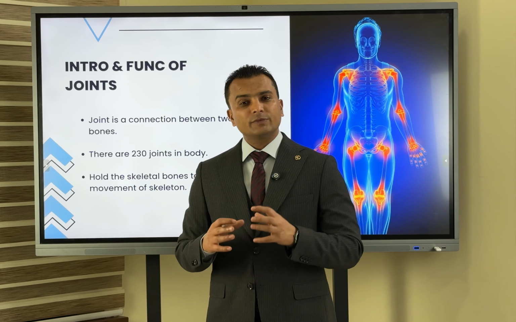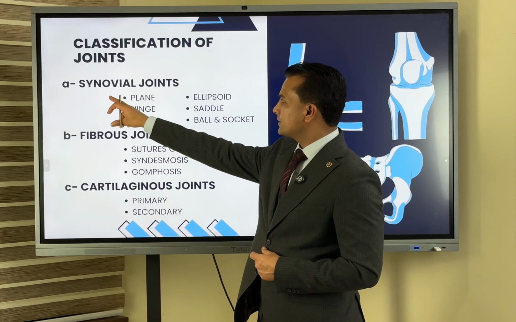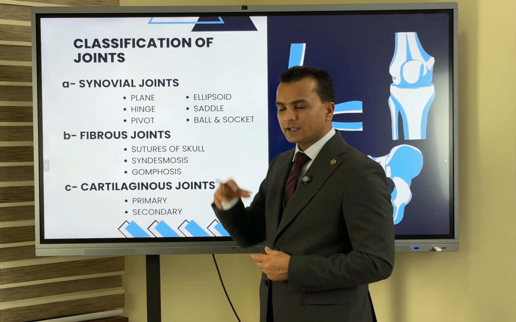Next we can see the classification of the joints. The first classification is the synovial joints. Synovial joints are rich in synovial fluid, and the role of this synovial fluid is to lubricate the articulating surfaces of the bones, to reduce the friction, and to reduce the inflammation.